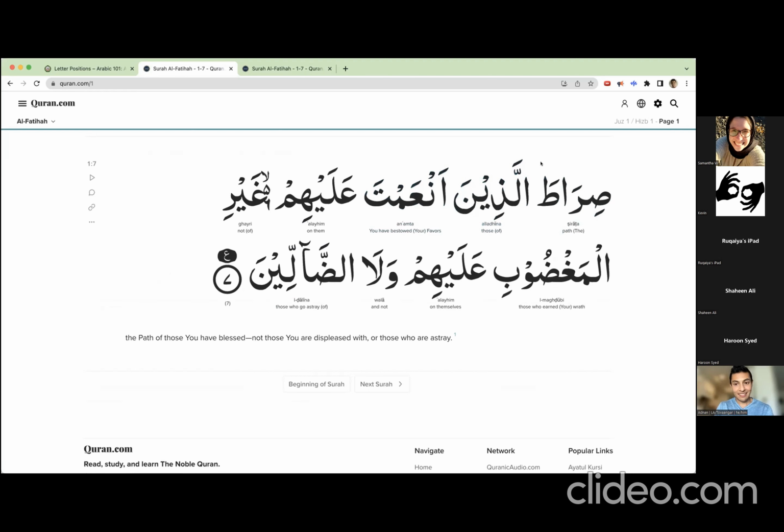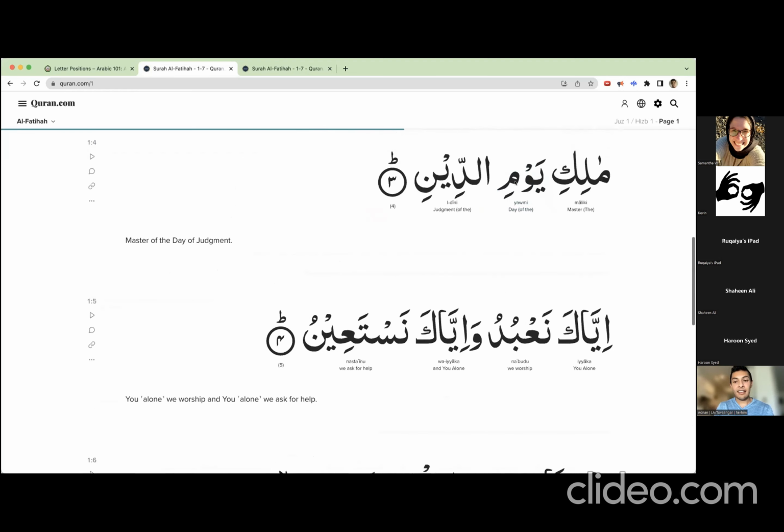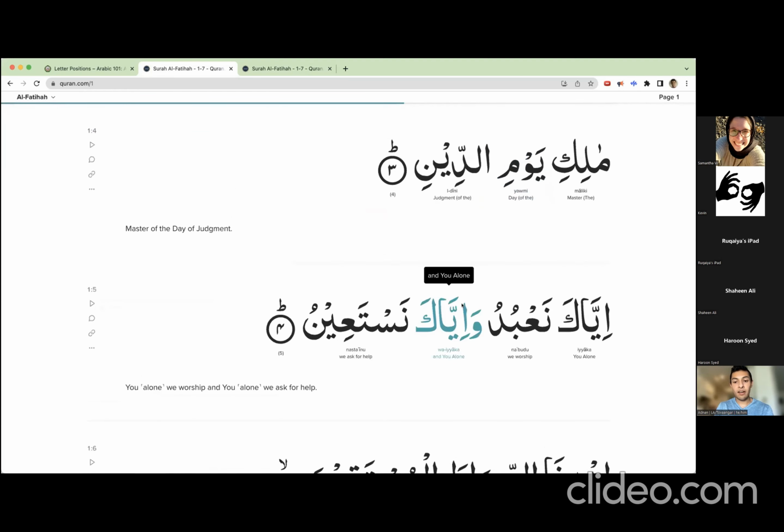Is this sirat al or sirat alladhina? Is the ta mixed with the lam? The ta is mixed with the lam, yeah. But there is no sukoon on the lam. There's no sukoon on the lam, but there is this doubling, the shadda. So the shadda acts like a sukoon. Yeah, the shadda is like a sukoon plus a vowel after it.